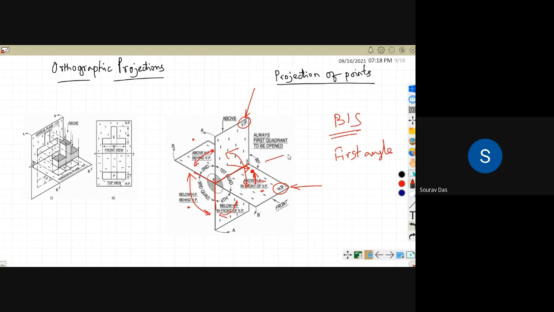When the object is in the third quadrant, it is known as third angle projection. For third angle projection, if a point is here, the point is below the horizontal plane and behind the vertical plane.